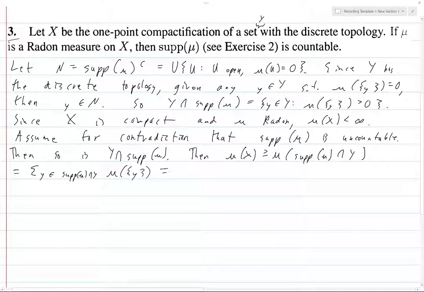And so if Y intersected with the support of mu is uncountable, then this is a sum over an uncountable set of strictly positive numbers. And what do we know about an uncountable sum of strictly positive numbers? This is going to be infinite. And that's a proof. It's kind of standard.